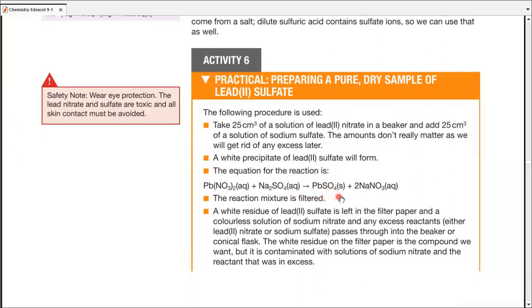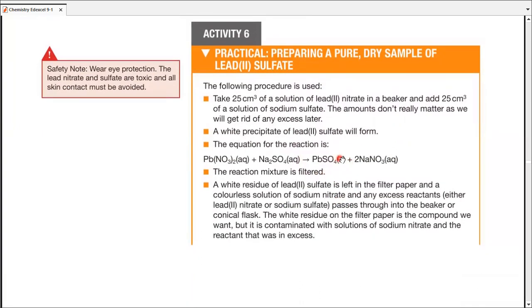The reaction mixture is filtered. Since the solid is insoluble, in the filtration process it would become a part of the residue on the top of the filter paper. Remember, for these kinds of reactions, it's pretty easy. This is going to become the residue on the top of the filter paper.